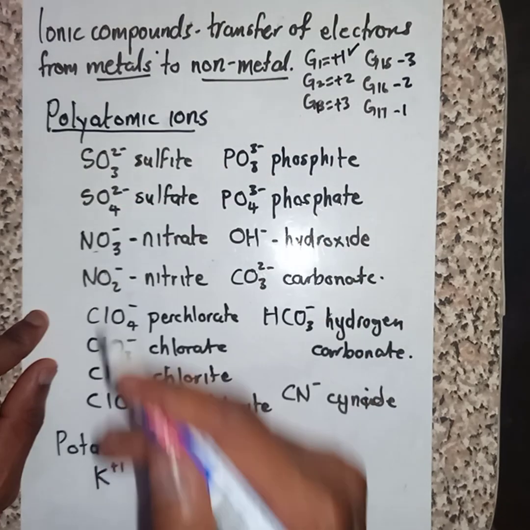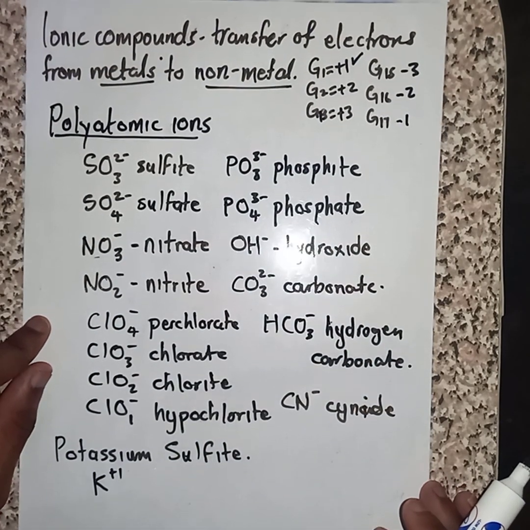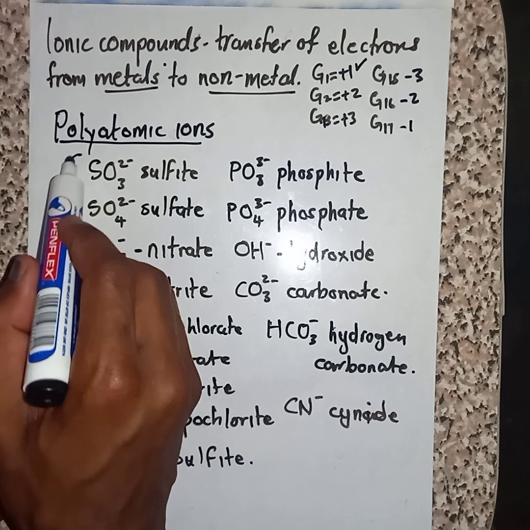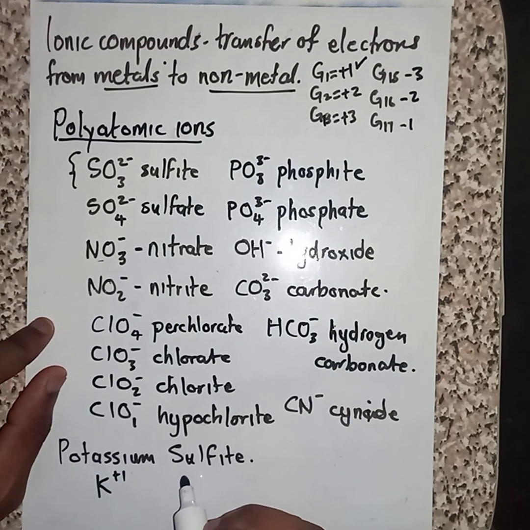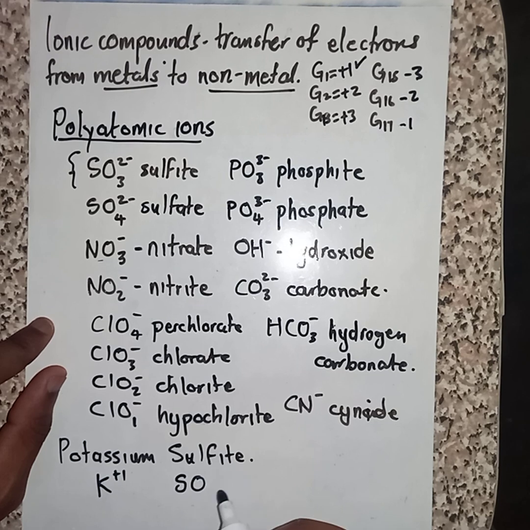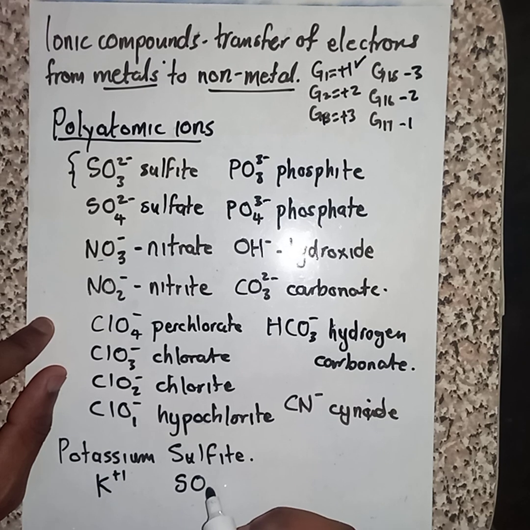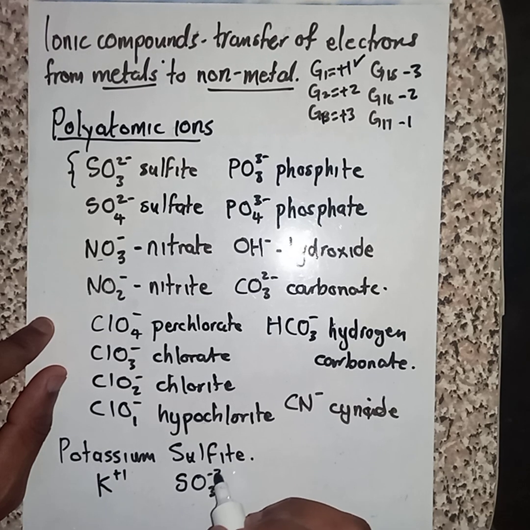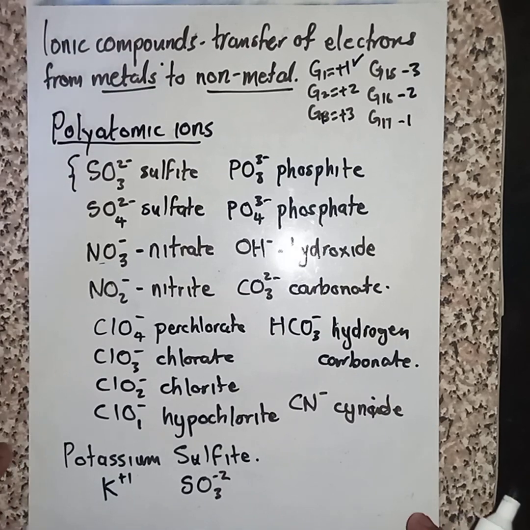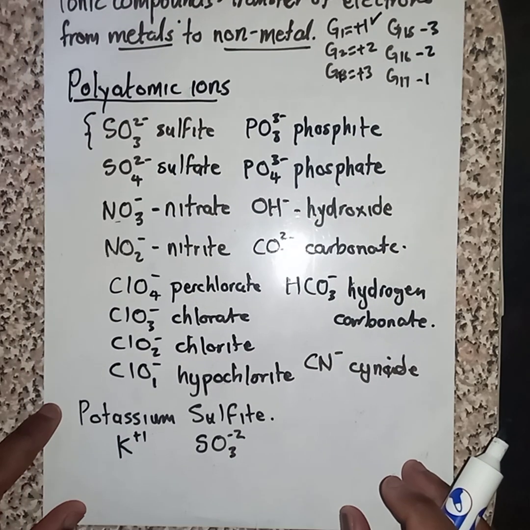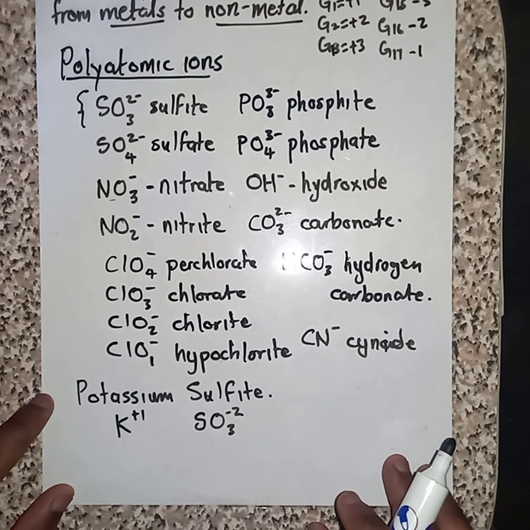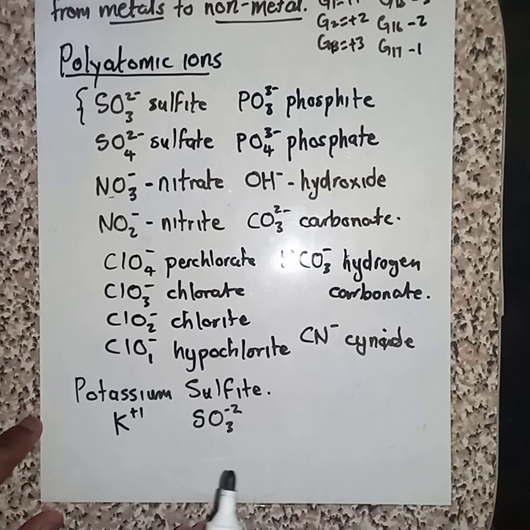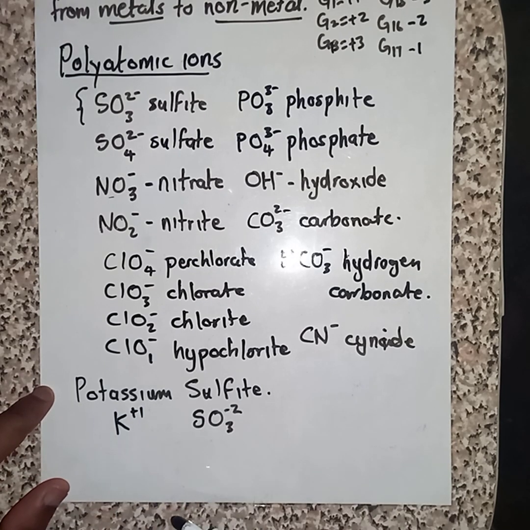Then from our given polyatomic ions, we can clearly see that sulfate has a charge of -2. How then are we going to write the chemical formula of potassium sulfate?